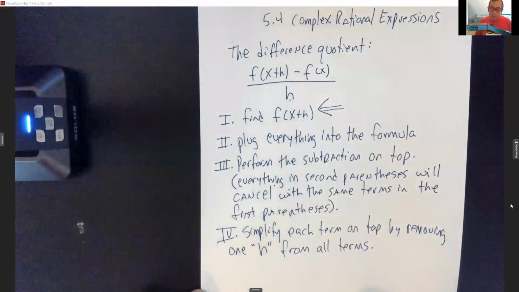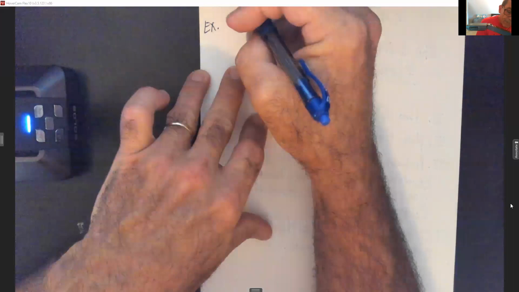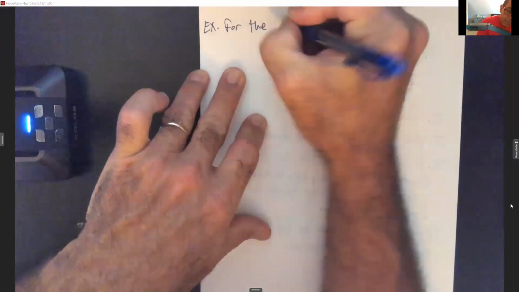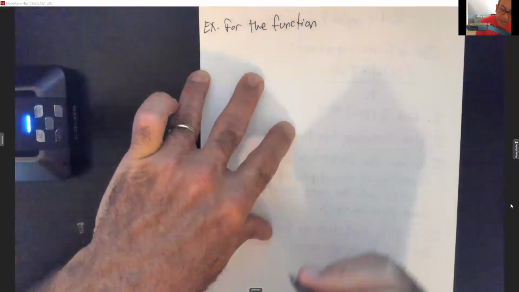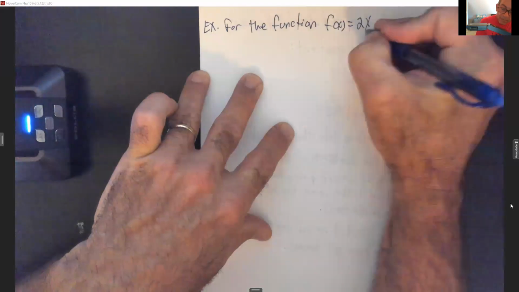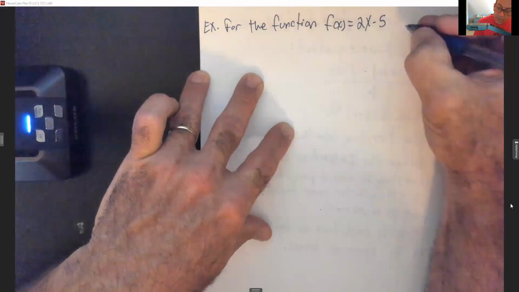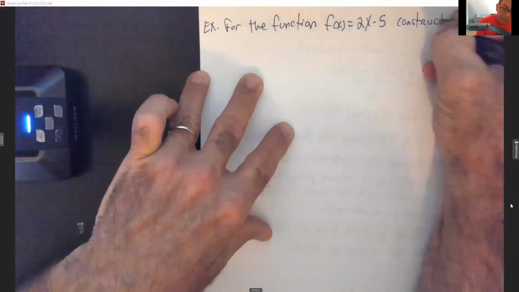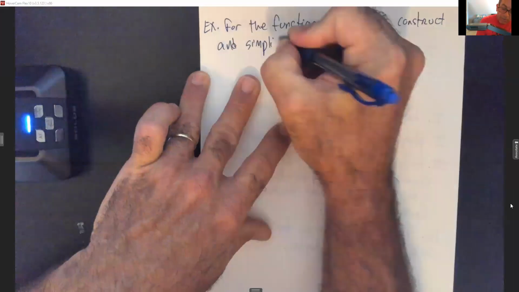All right, so we're going to work some of these. So my example for the function f of x equals 2x minus 5, we're going to construct and simplify the difference quotient.